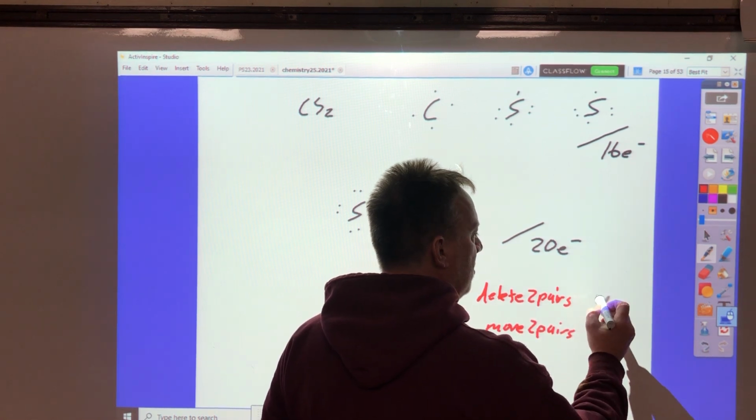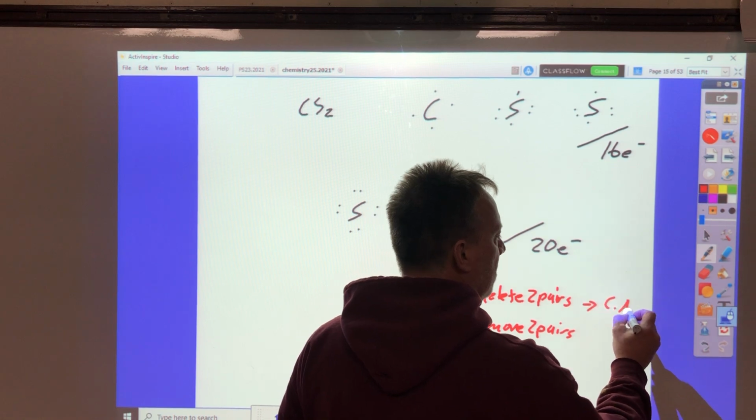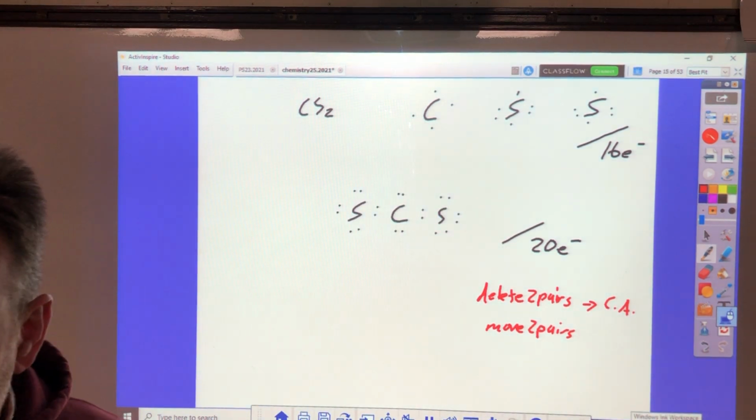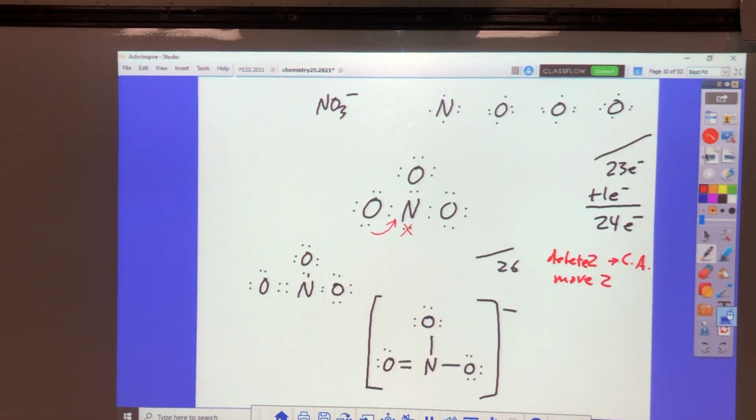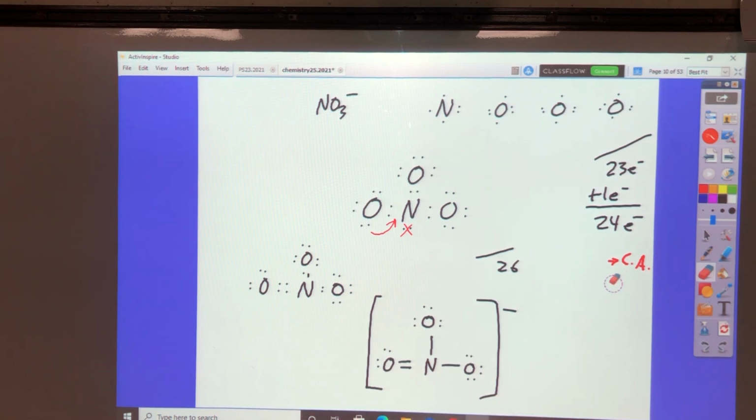And I'm going to delete them off of the central atom. And let me go back to that other one and change this to, instead of delete 2, I'm going to delete a pair and move a pair.